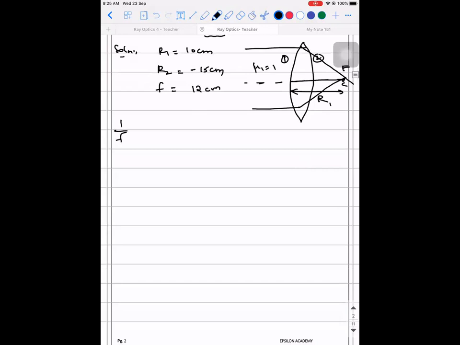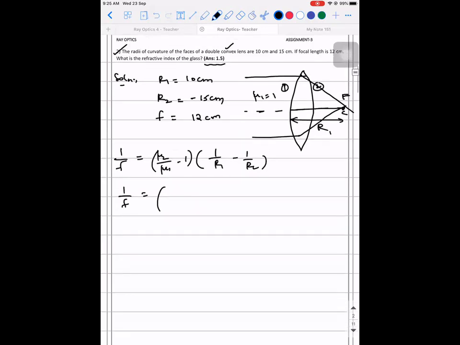So again, 1 by f is equal to mu2 by mu1 minus 1 into 1 by r1 minus 1 by r2. So 1 by f is equal to, what is mu2 by mu1, guys? mu1 is 1, mu2 is mu2 only. That's what we need to find. So mu2 divided by mu1 minus 1 into 1 divided by r1, which is plus 10, minus of minus 15.